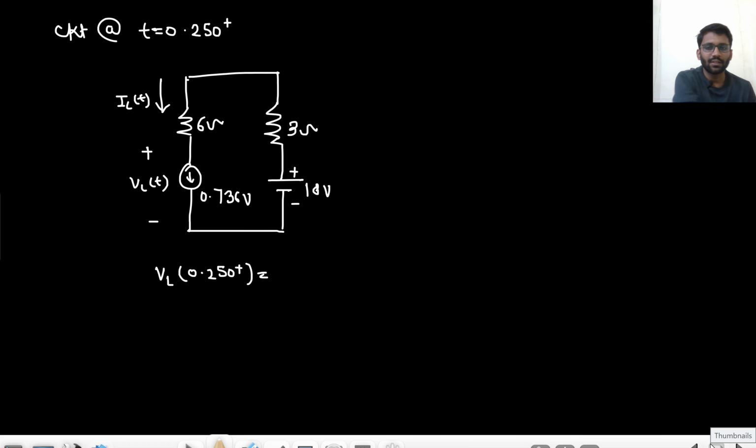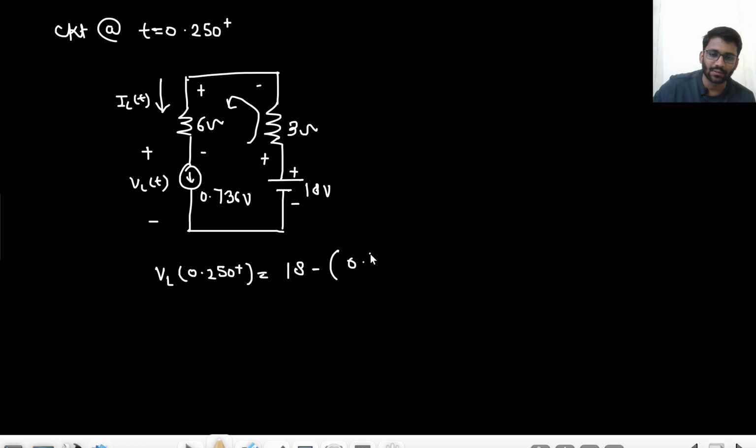This same current is flowing through this 6 and 3 ohm. So 0.736 into 9. The voltage drop in this direction would be 6.624. So 18 minus 6.624 is your VL.